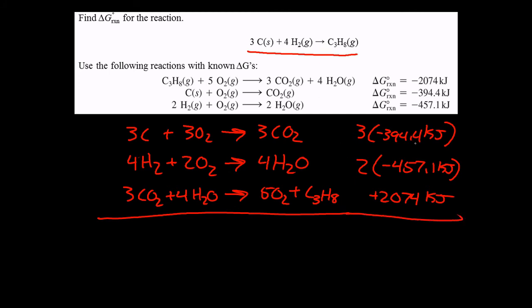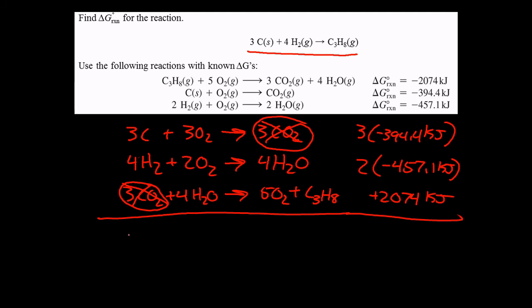If I add these together and I get the equation I want, I will also be able to add these together to get the delta G that I want. So when I add these together, I'm looking for anything that cancels out. For example here, I have 3 CO2 on the right and 3 CO2 on the left sides of the equation. Those cancel each other out. It's just like a mathematical equation.